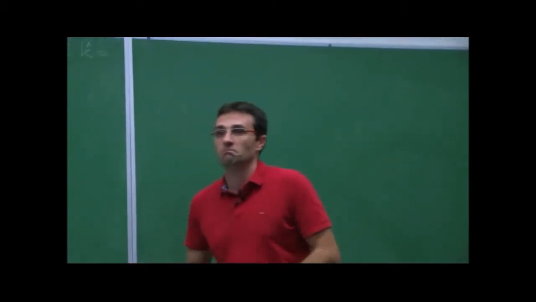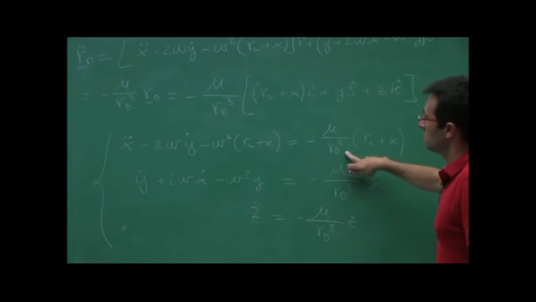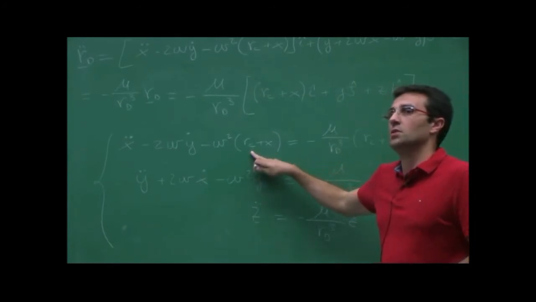Rearrange them so that you have all the double time derivatives on the left-hand side? Yeah, but there's no double time derivatives. Well, yeah, eventually I can do that. But I want to get them in the form that I gave you last time, where this wasn't there. There was no RC, if you recall. You can get to that form from here. But the main question I have: are these linear equations?